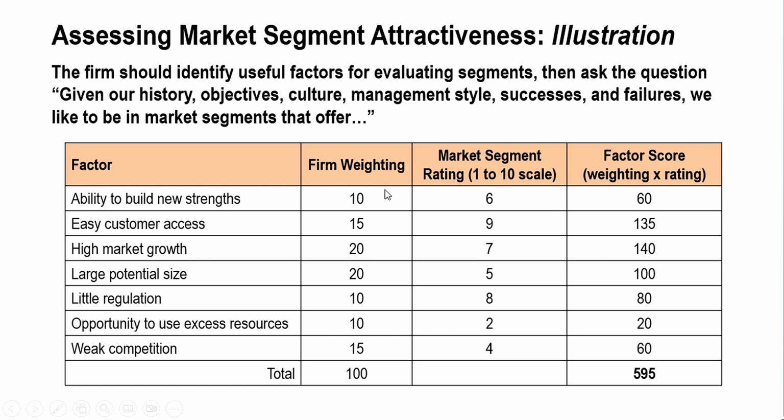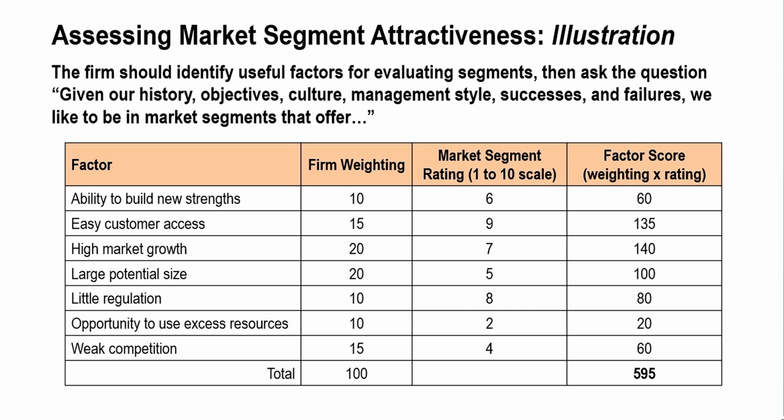As you can see here, high weights have been given to high market growth and large potential size, whereas relatively low weights have been given to regulatory ease or opportunity to use excess resources. In between, we have factors like easy customer access and competitive weakness.